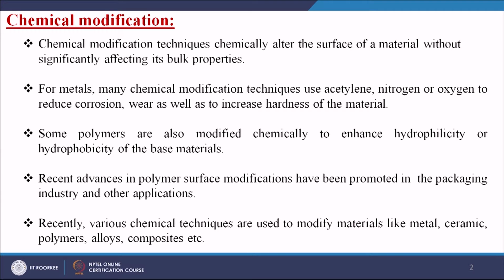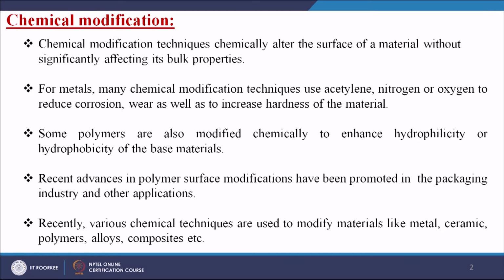Some polymers are also modified chemically to enhance the hydrophilicity or the hydrophobicity of the base materials. As I told in my previous lecture, we can change the material characteristics. If some material possesses hydrophilicity, we can change it into hydrophobicity, or vice versa. Recent advances in polymer surface modifications have been promoted in the packing industry and other applications.